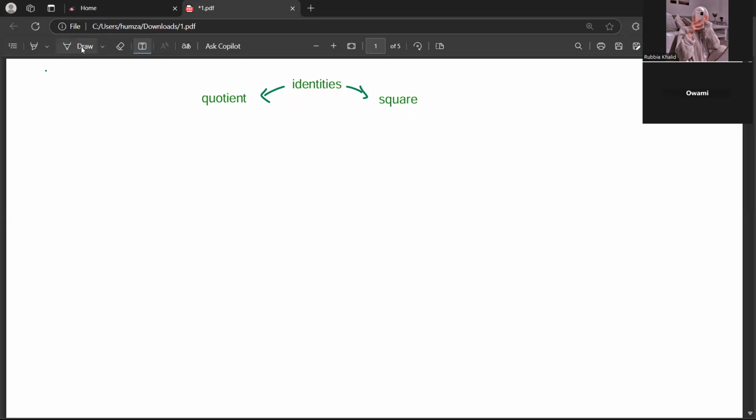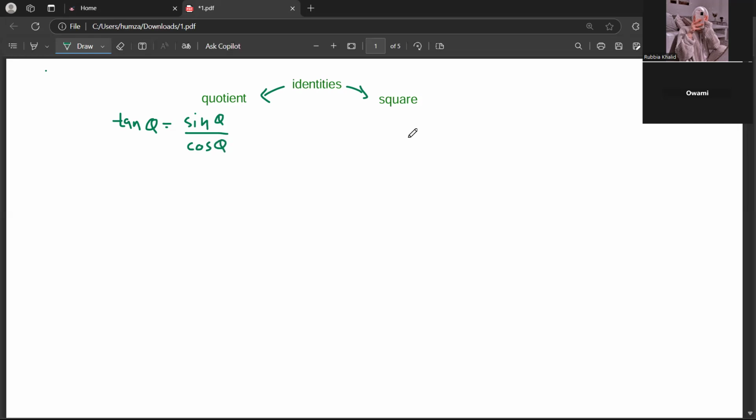So the quotient identity is tan theta is equal to sine theta over cos theta.